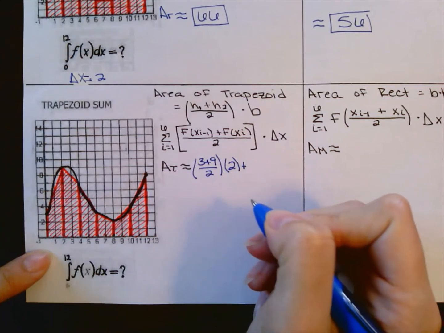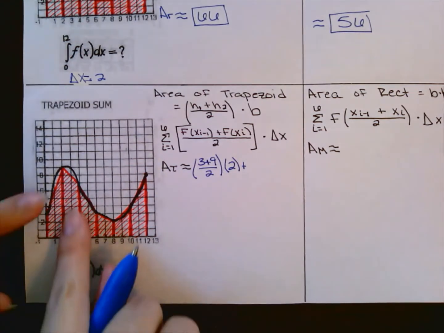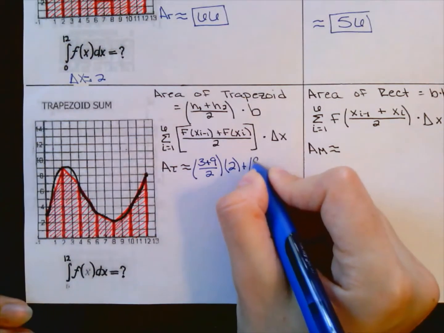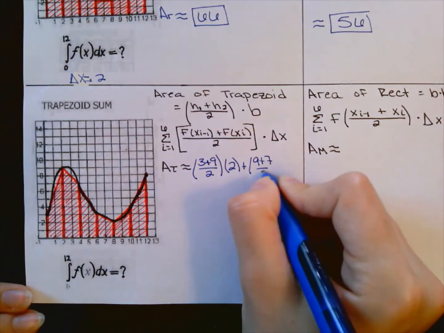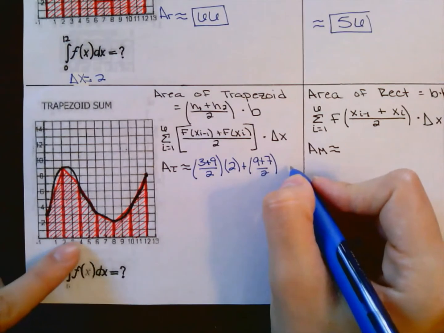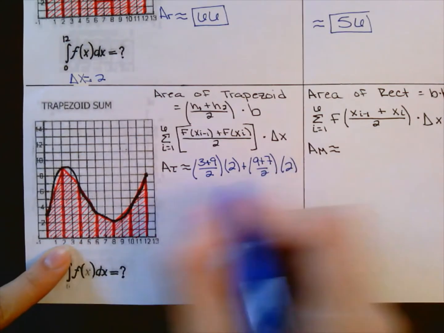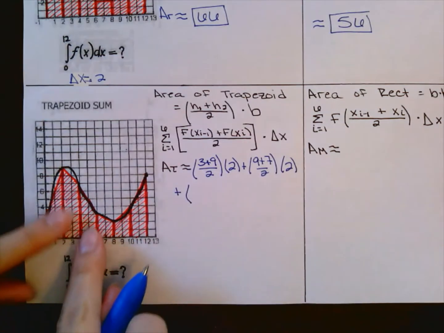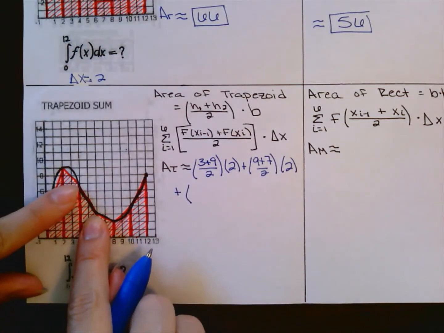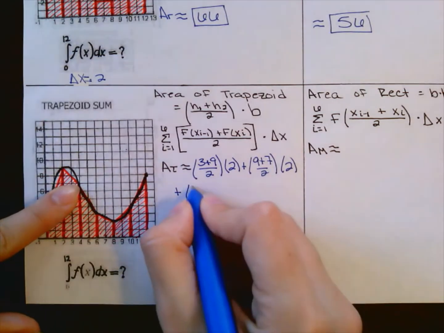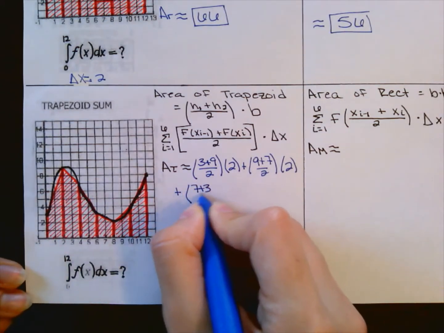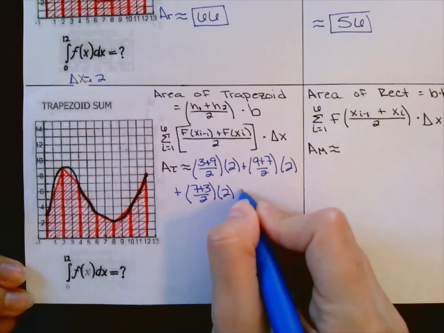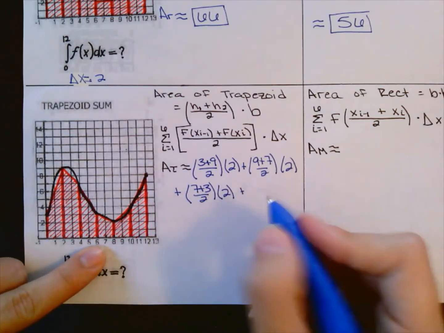Okay? Same thing for the next one. Average of my heights, I have a height of 9 and 7, times the base, which is 2. Next one, average of the heights. I have 7 and I have 3 times the base, which is 2. Next one, average of the heights.